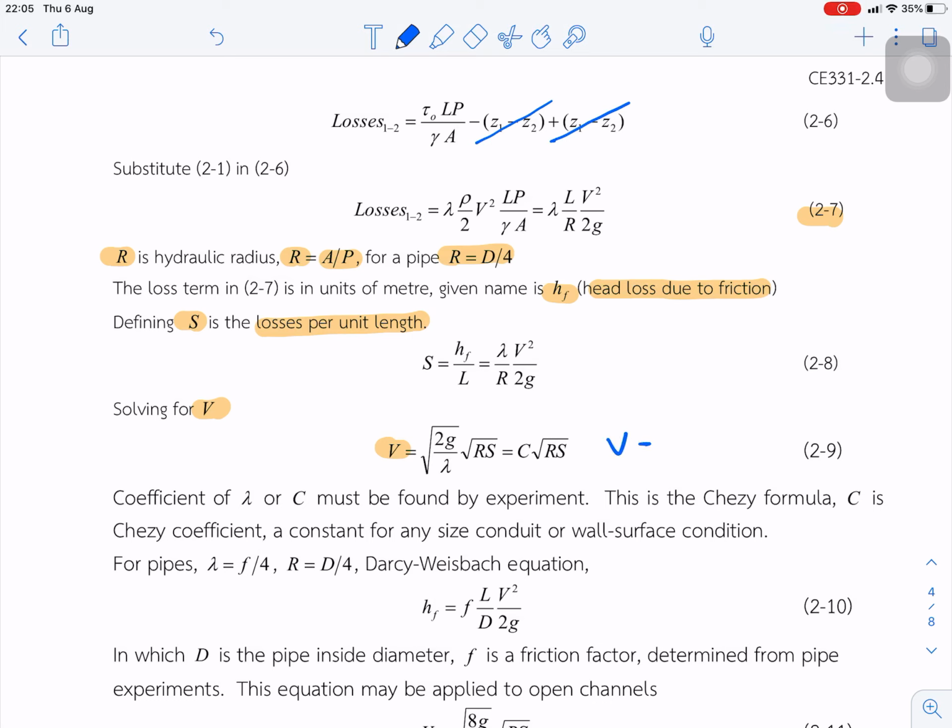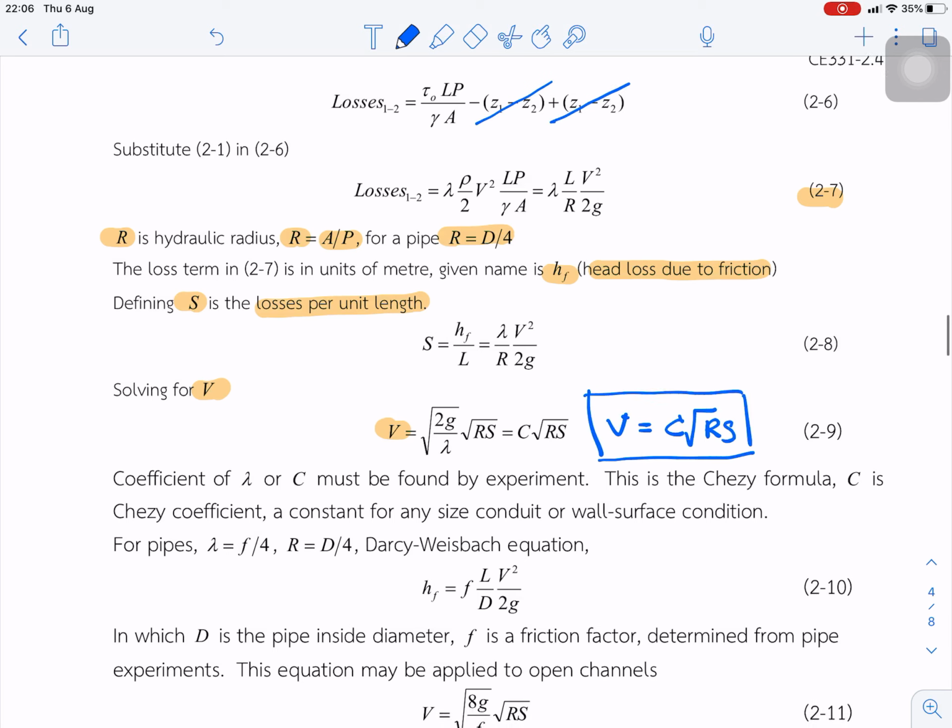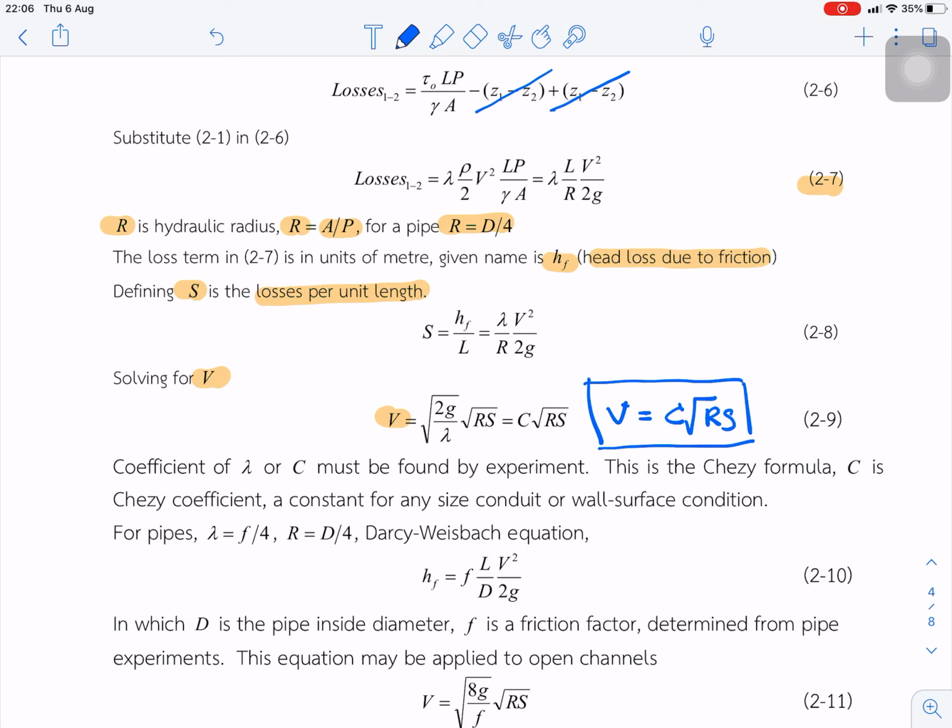We can solve for V in this equation, so we can write that V is equal to C square root of RS. The coefficient C must be found by experiment, and this equation we call the Chezy formula.